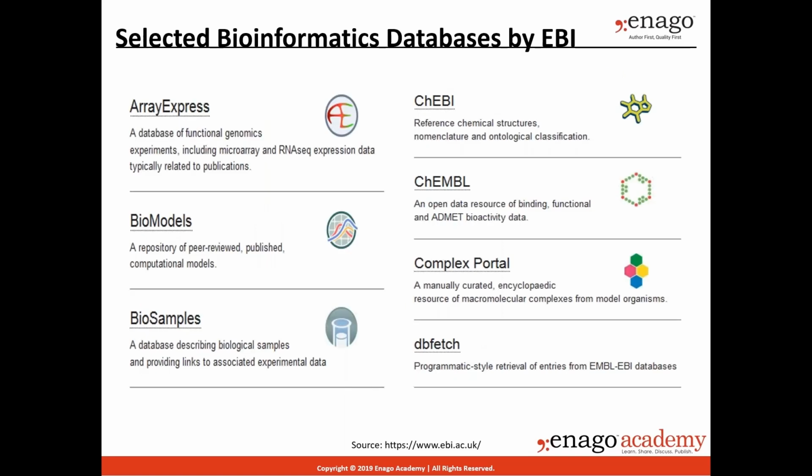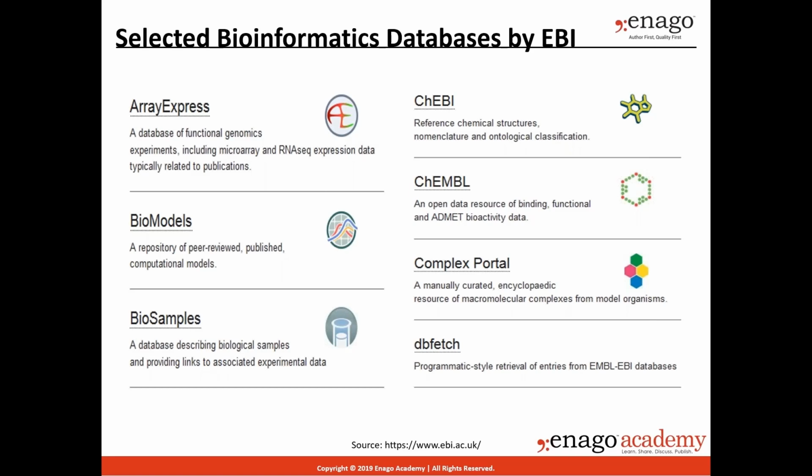And here are some more. ArrayExpress, a database of functional genomics experiments, including microarray and RNA-seq. BioModels, which is a repository of peer-reviewed published computational models. BioSamples, a database describing biological samples and providing links to associated experimental data. This allows you to look at that data yourself.